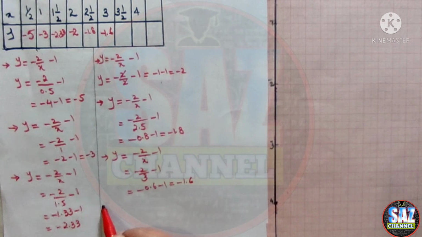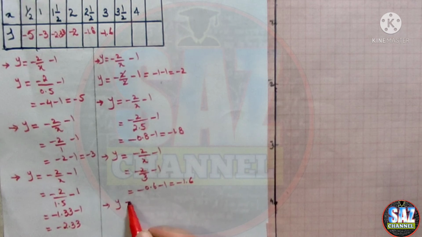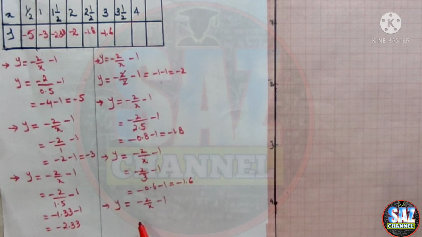The next is y equals minus 2 by x minus 1, and this is minus 2 over 3.5 minus 1. 2 divided by 3.5 gives me 0.57, minus 1, and this is minus 1.57.